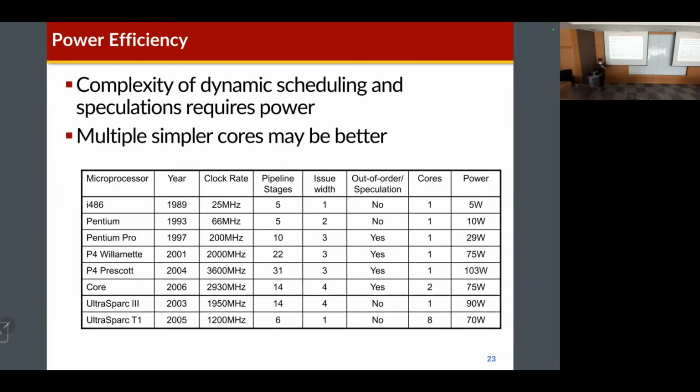Then the Core architecture is the modern Intel architecture. The pipeline stage is about 14, and the issue width is 4, which means 4 instructions are executed per cycle. Also yes for out-of-order processing and speculation.